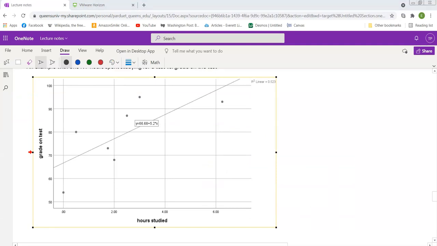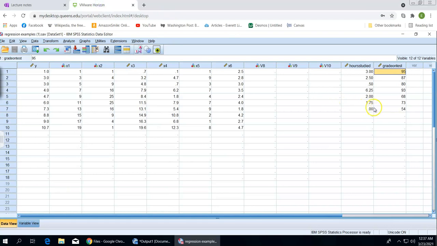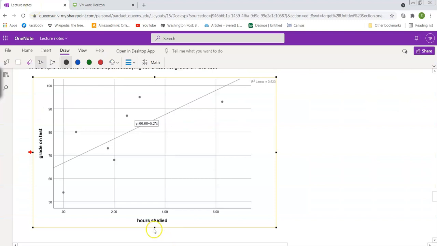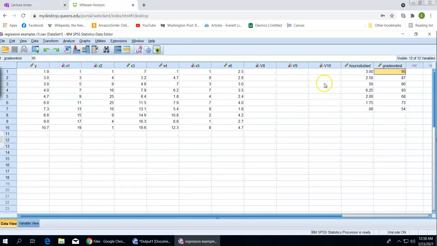So I've copied this graph over here, and let's say this is our first point. It's not the first point that's actually listed in the data. It's this point here, but let's call it our first one. So this point here is going to be y1. That's the actual value of the data at this x value here.